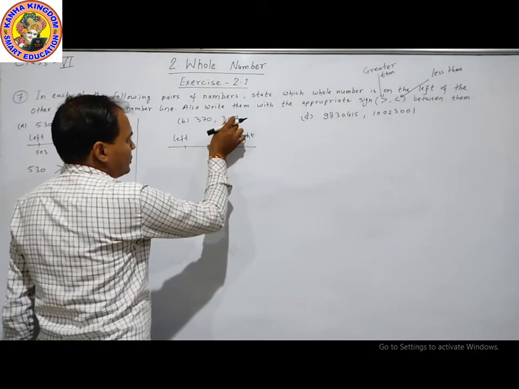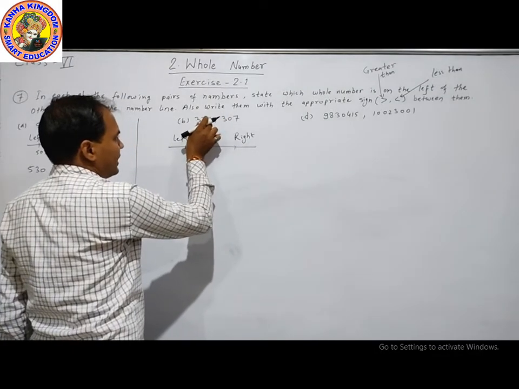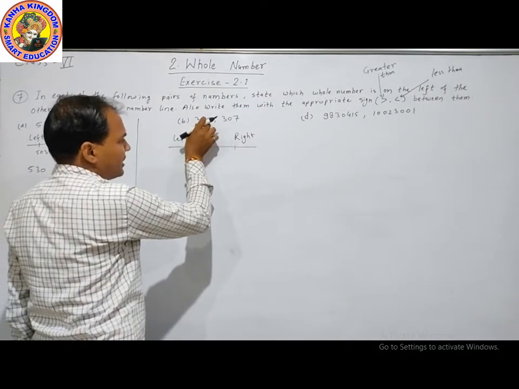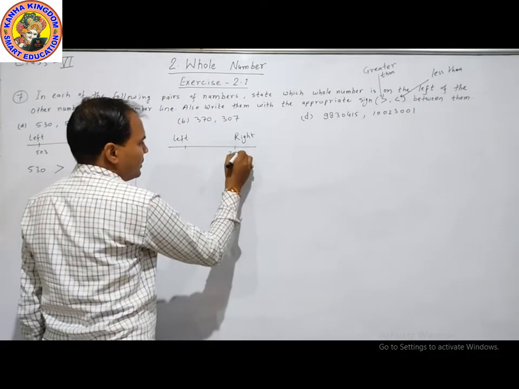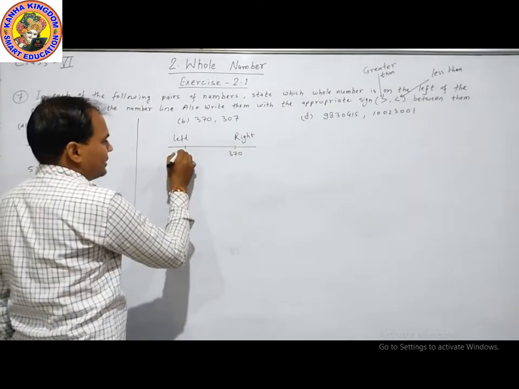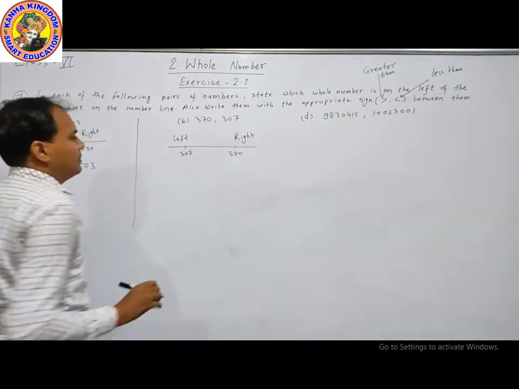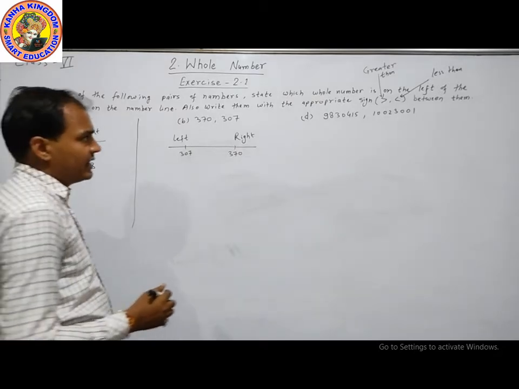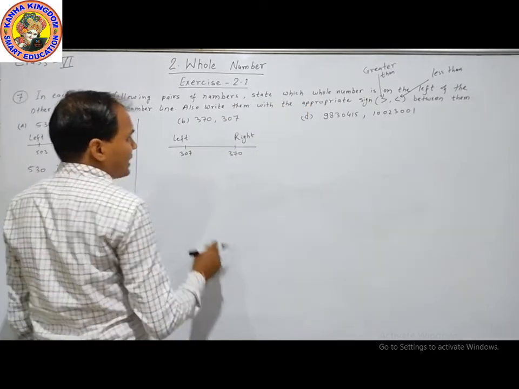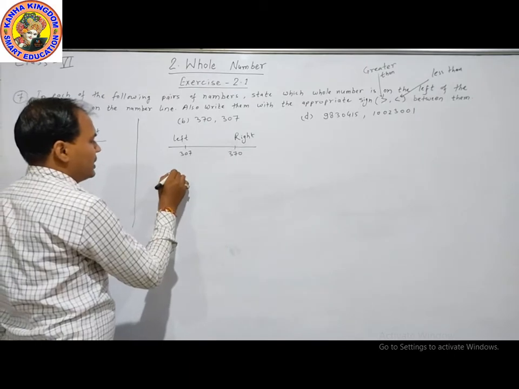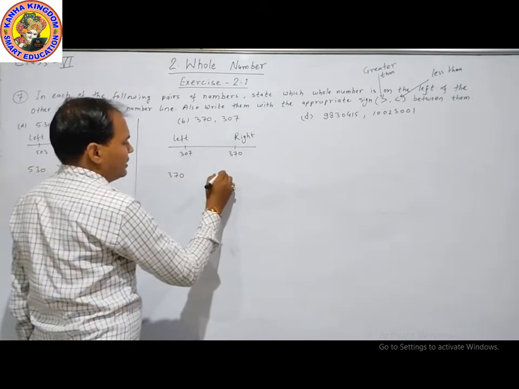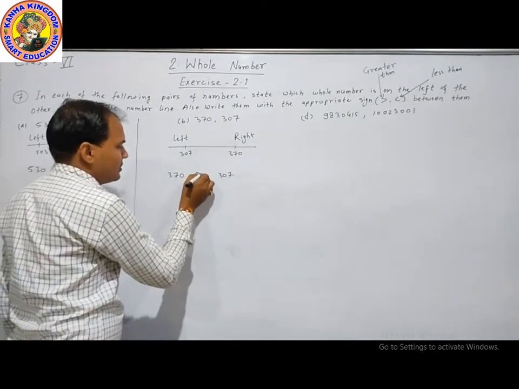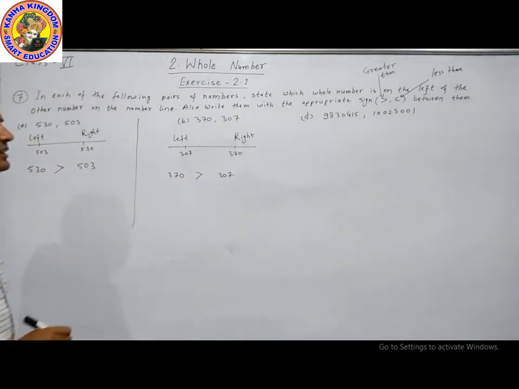So 307 and 370. 370 is the larger number, so we will place it here and 307 will be placed here. Write them with the appropriate sign. The numbers are 370 and 307. 370 is the larger number, so we place the sign of greater than.